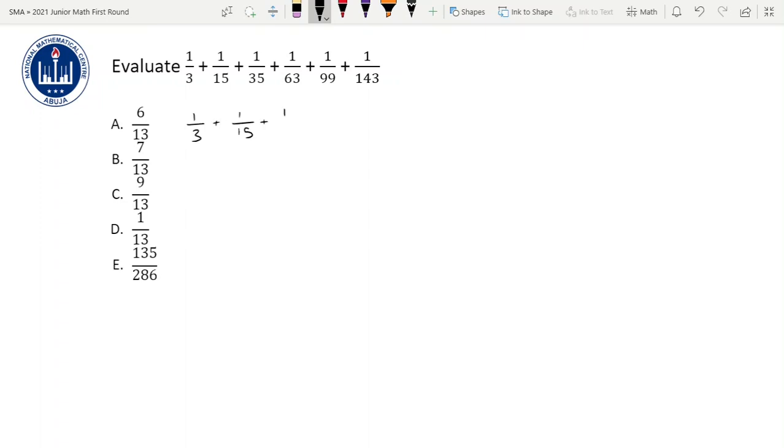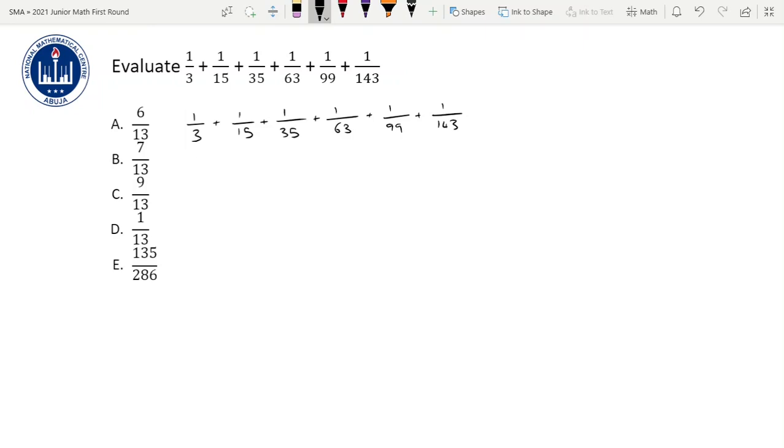So 1 over 3 plus 1 over 15 plus 1 over 35 plus 1 over 63 plus 1 over 99 plus 1 over 143. If you look closely, you notice that each of the denominators of these fractions is a product of consecutive odd numbers.